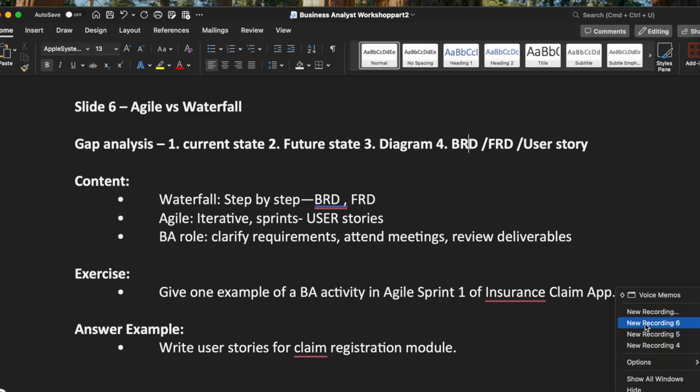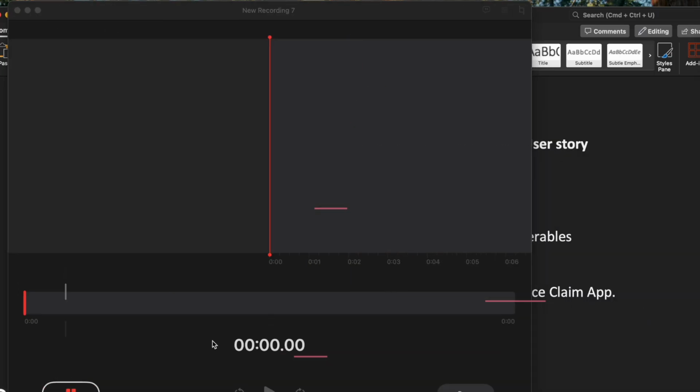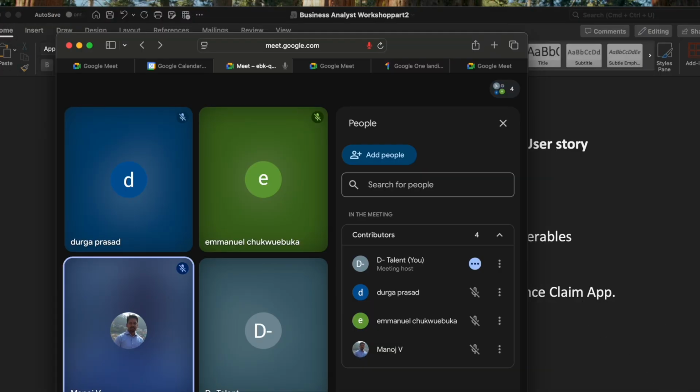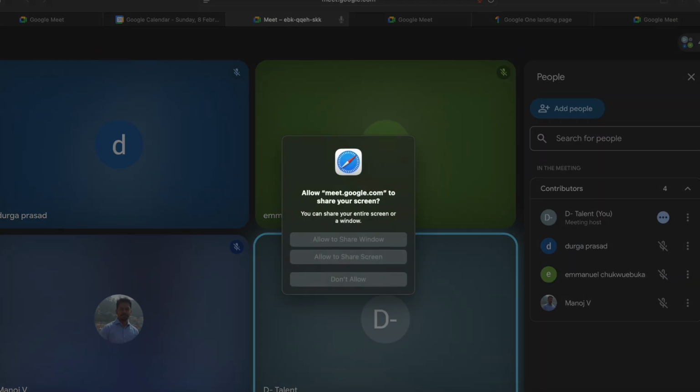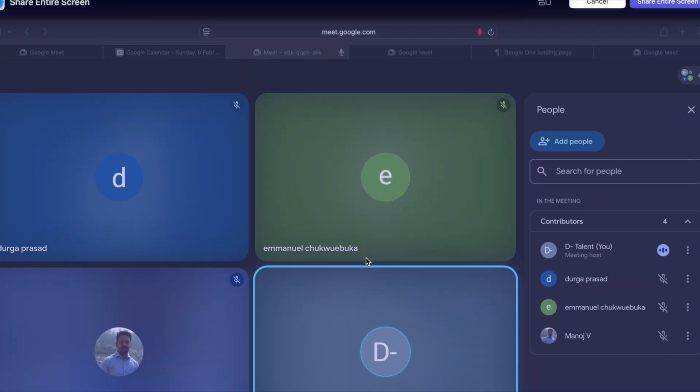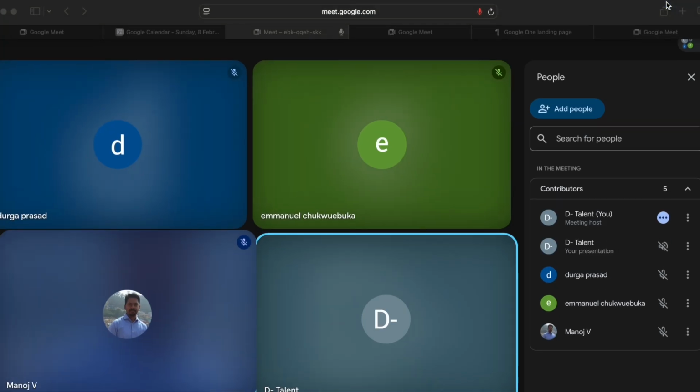Can you see my screen, guys? Okay, thank you. Just to make sure it's recording, yeah. And yeah, okay.